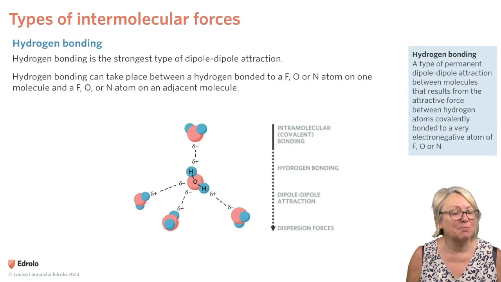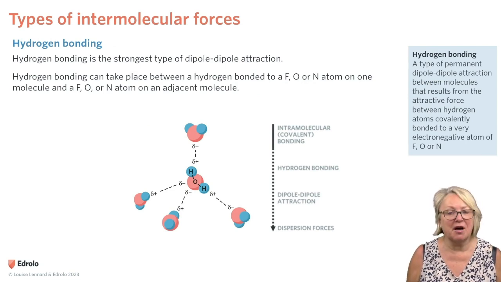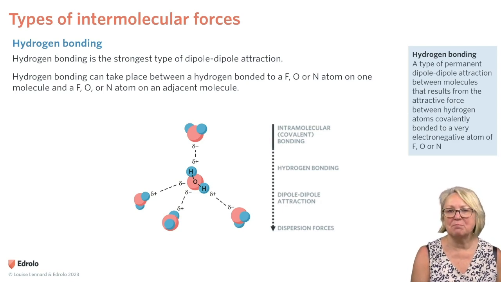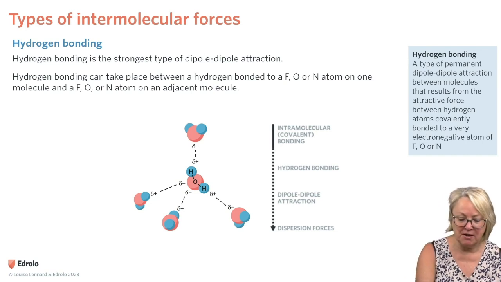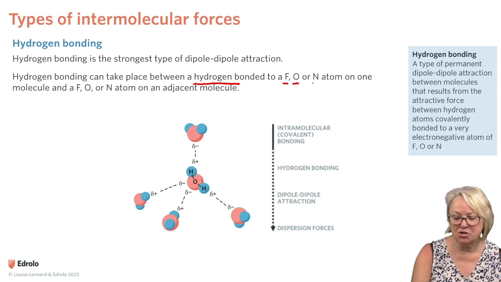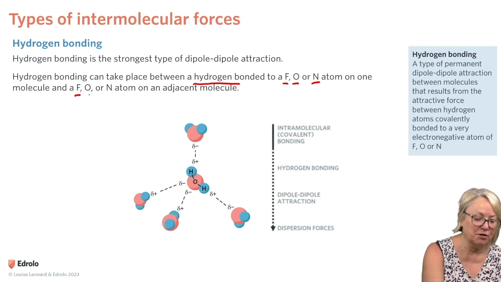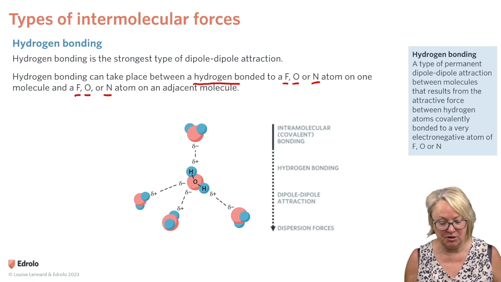The strongest type of intermolecular force is hydrogen bonding, and it's also the strongest type of dipole-dipole attraction, but it has its own name because it's particularly strong. Hydrogen bonding can take place between a hydrogen that's bonded to a fluorine, oxygen, or nitrogen atom on one molecule, and a fluorine, oxygen, or nitrogen atom on an adjacent molecule.